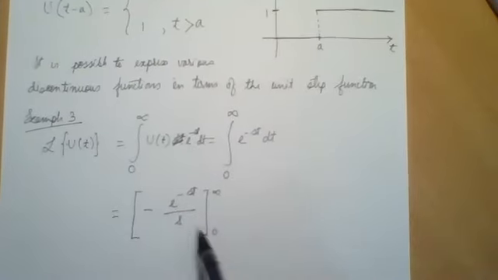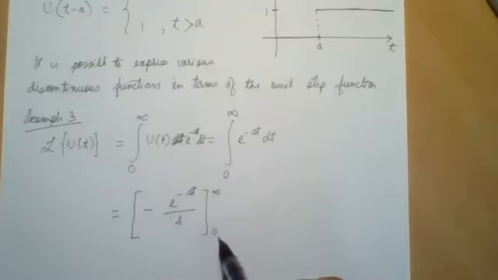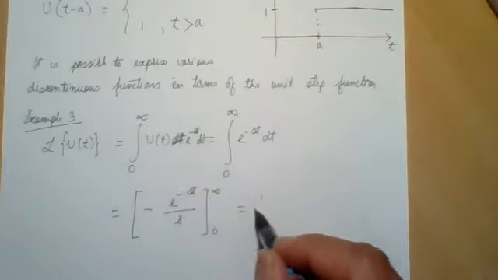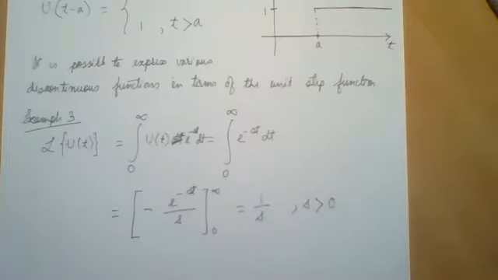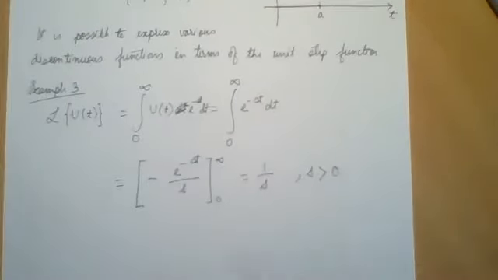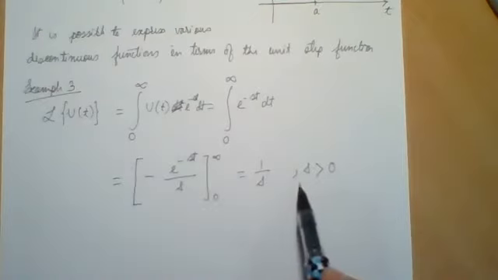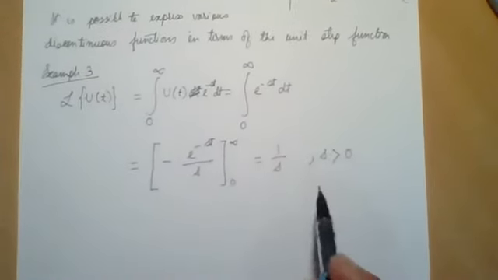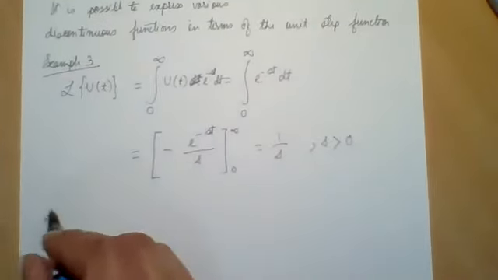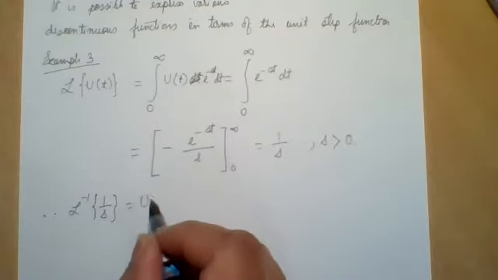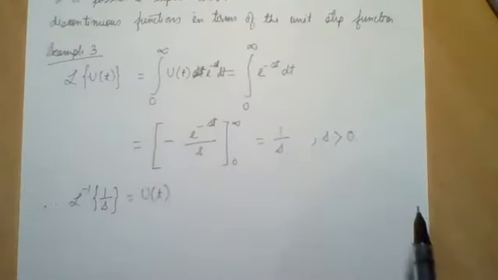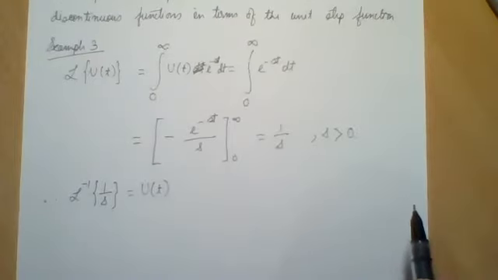So what remains is only e to the power minus st calculated at t equal to 0. So this is simply 1 by s, where s is greater than 0. Thus, the Laplace transform of u(t) is 1 by s. Therefore, the inverse Laplace transform of 1 by s is u(t).